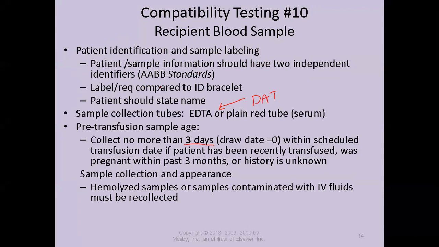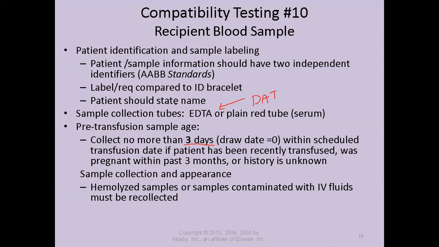The label and requisition must be compared to the ID bracelet, and we must have the patient state their name. Hopefully this makes sense to you after phlebotomy, when we stress the importance of not just saying to the patient, is your name John Smith? Because some people are hard of hearing, some people don't understand English well, they could be shaking their head yes, and that's not the person. We don't want to be the person that makes that mistake.